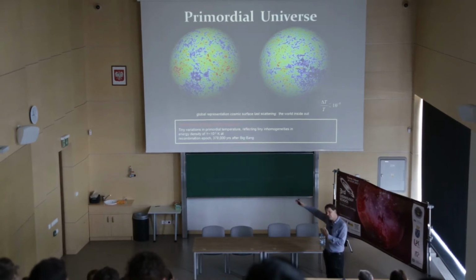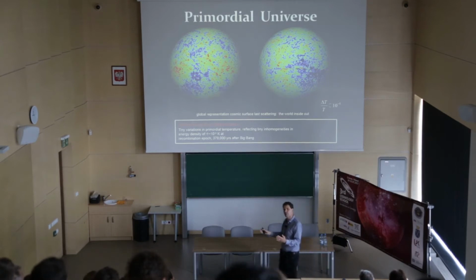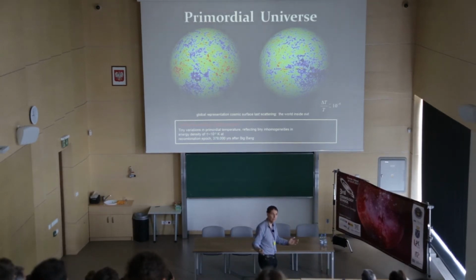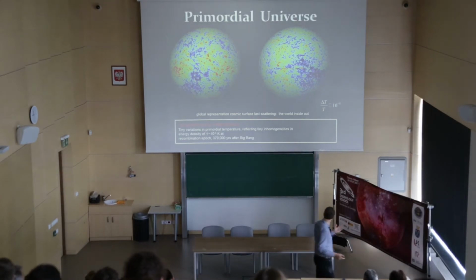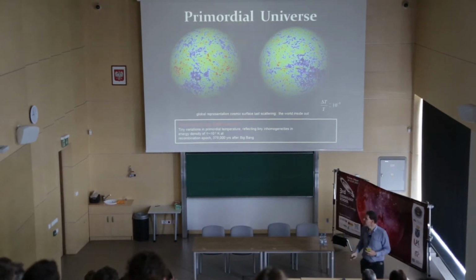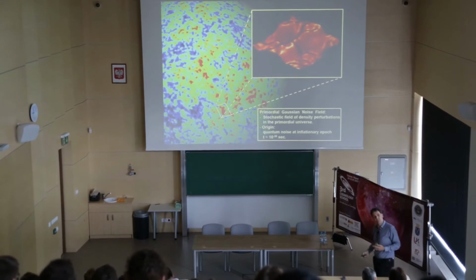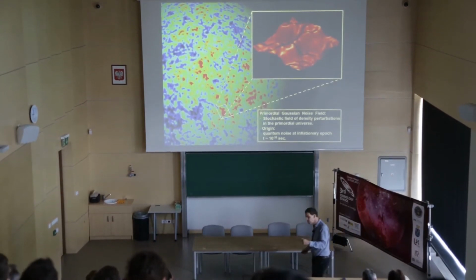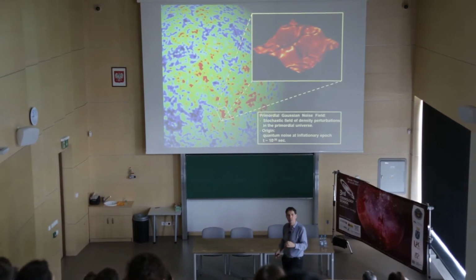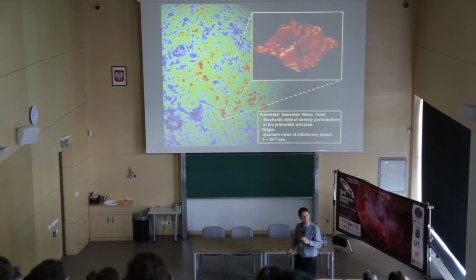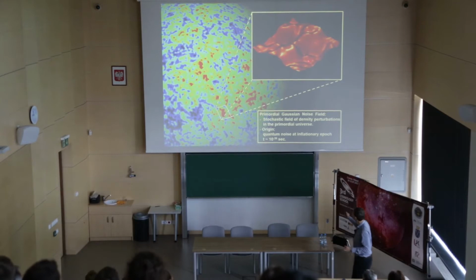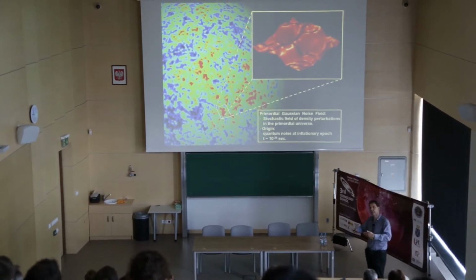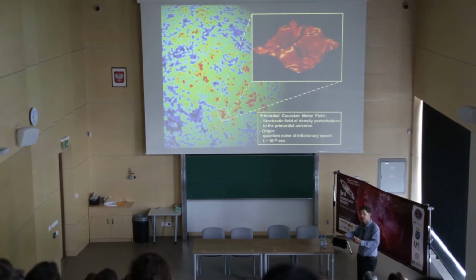So out of this almost smooth primordial universe, structure must have arisen. How did this come about? In the end, it's all gravity. Even though the fluctuations themselves were incredibly small, they do represent small perturbations in density and therefore also small perturbations in gravity, right?